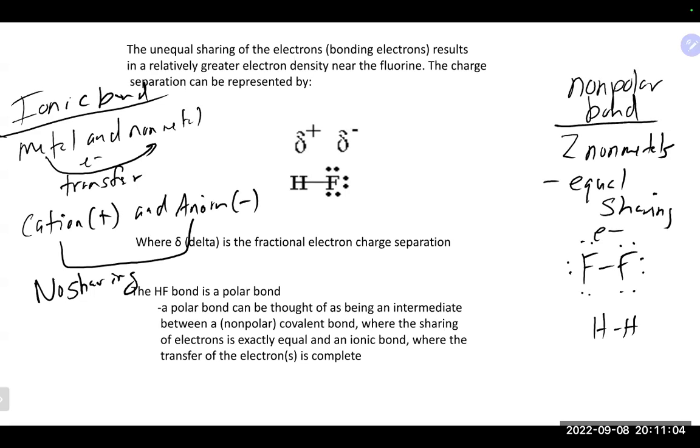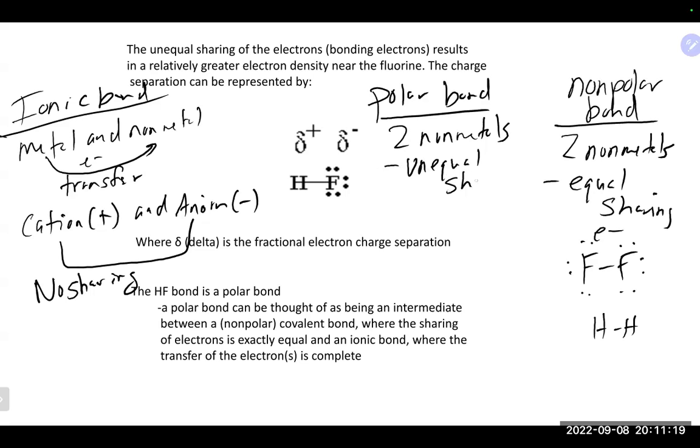And in the middle of those two, we have a polar covalent bond, also between two nonmetals. Also unequal sharing in this case, but we still have sharing happening. An example obviously would be our HF, where one side is going to become more positive because the electrons are basically vacationing on the other side, which then becomes partially negative.